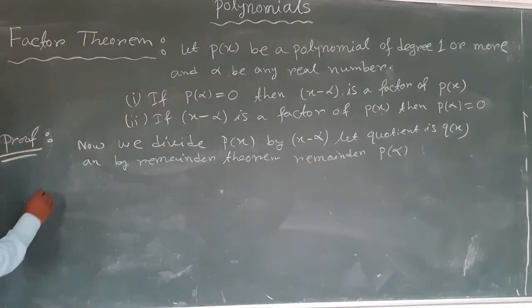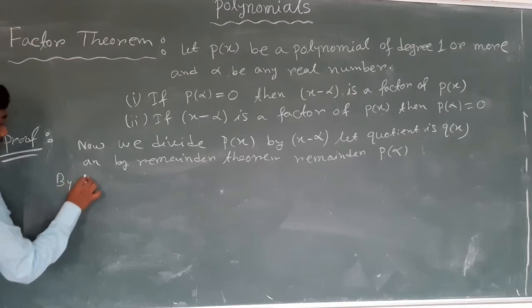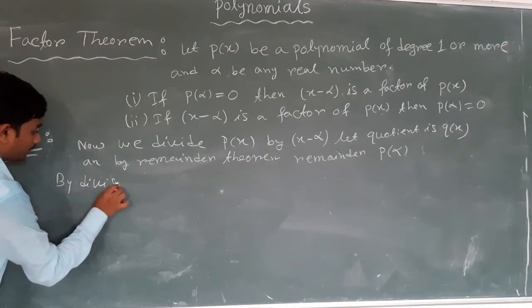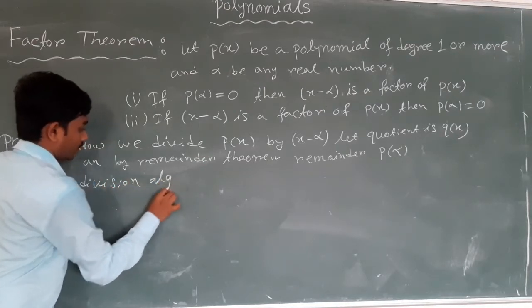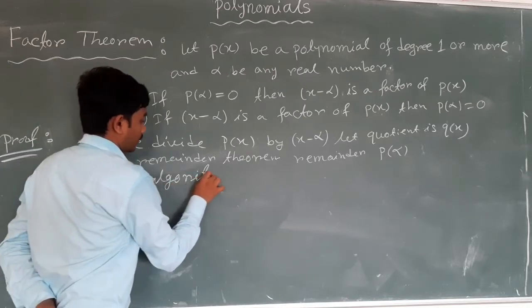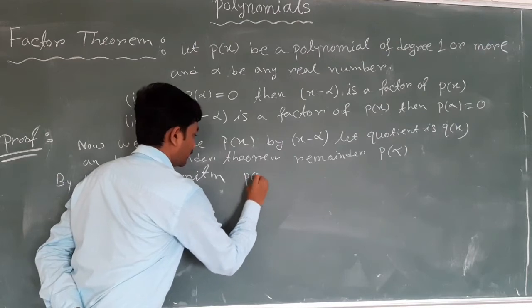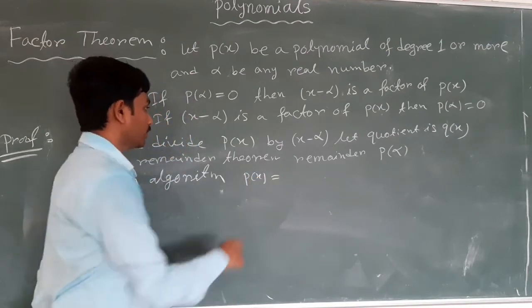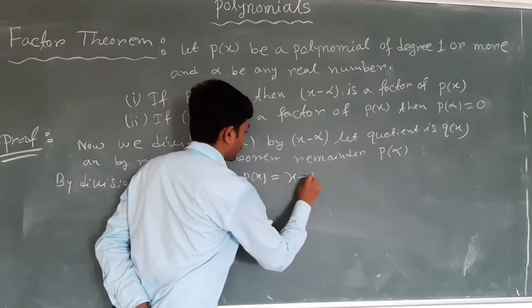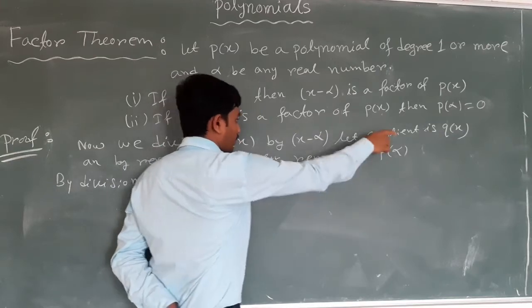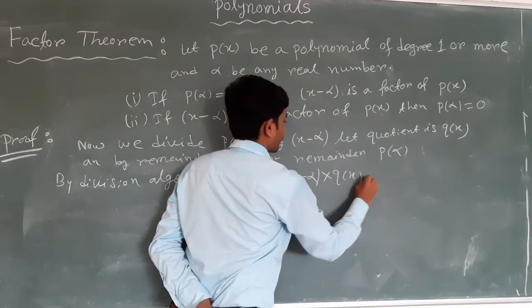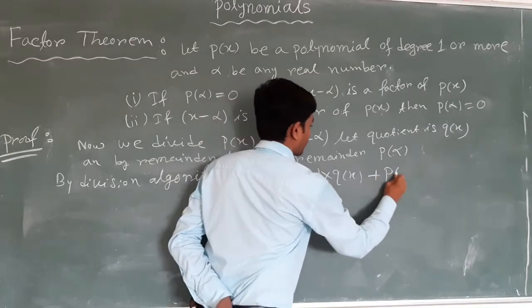Then by the division algorithm, p(x) will be equal to the divisor, that is x minus alpha, into the quotient plus the remainder.